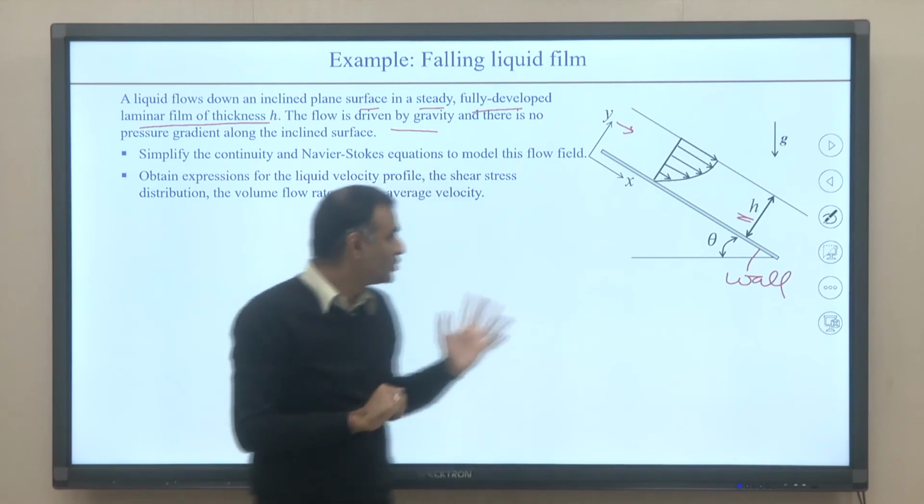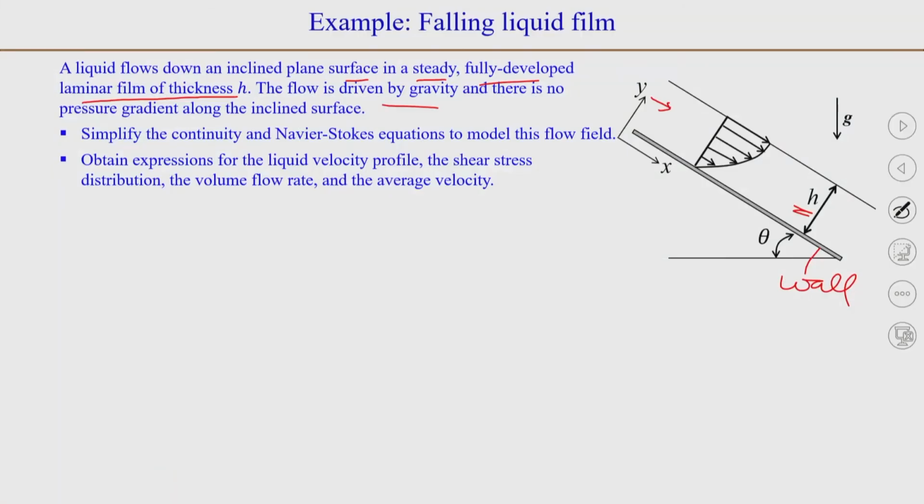Okay. So, coming back to the falling liquid film, we need to write down the mass and momentum conservation equations, continuity and Navier-Stokes equations, and simplify them based on the assumptions that we have been given, that the flow is steady, fully developed, laminar and incompressible.